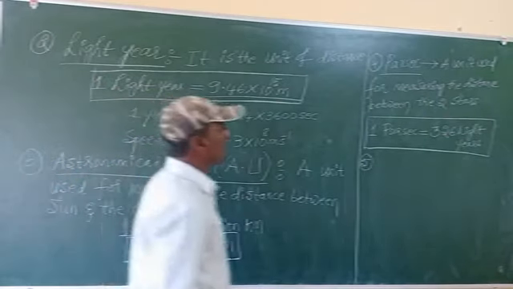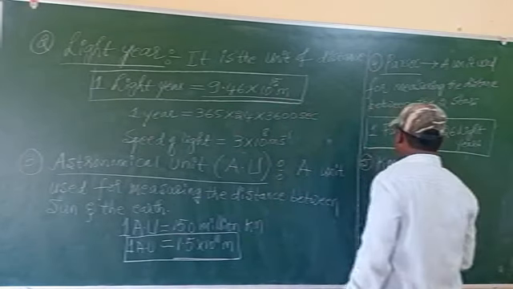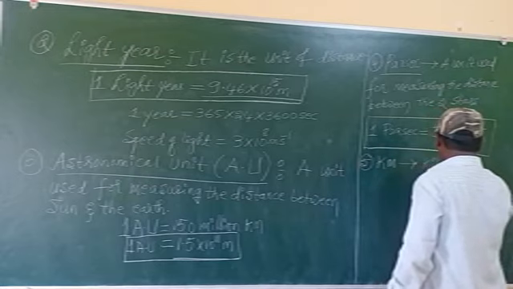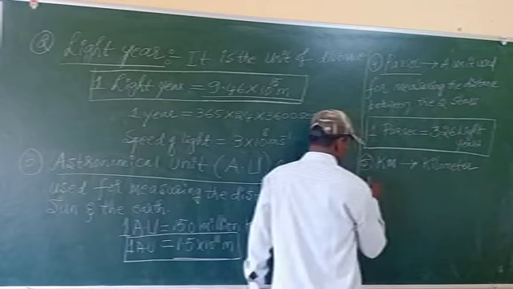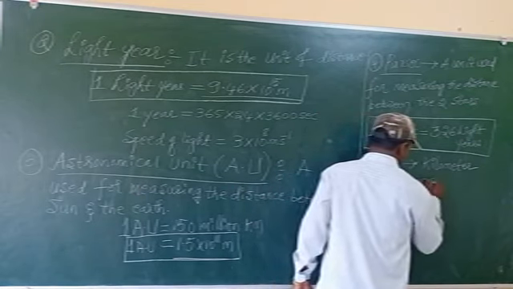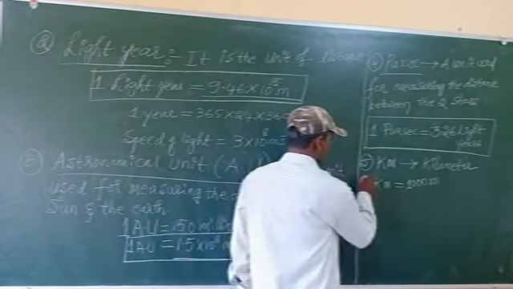After this, kilometer, km stands for kilometer, and 1 kilometer is equal to 1000 meters.